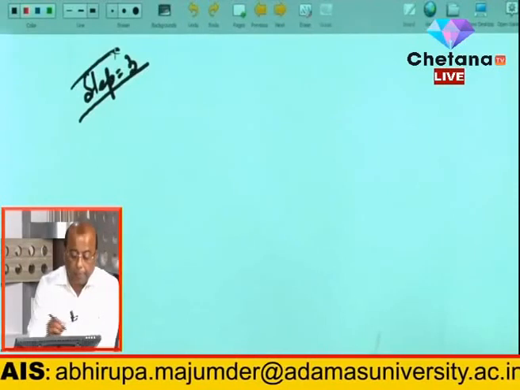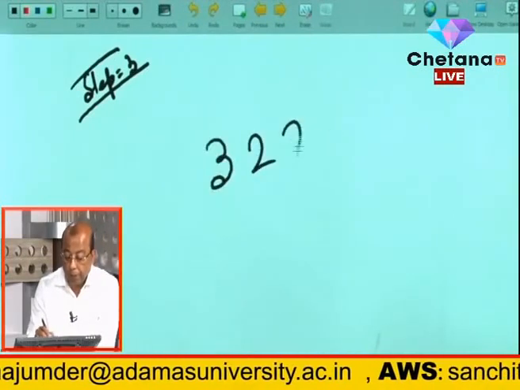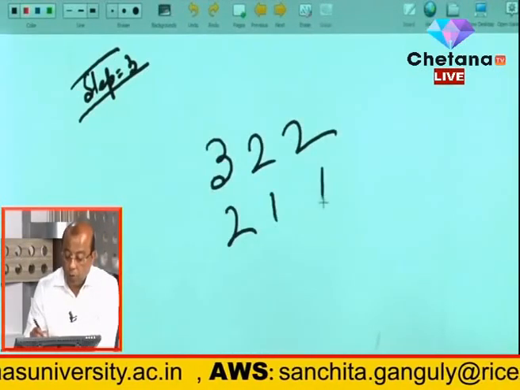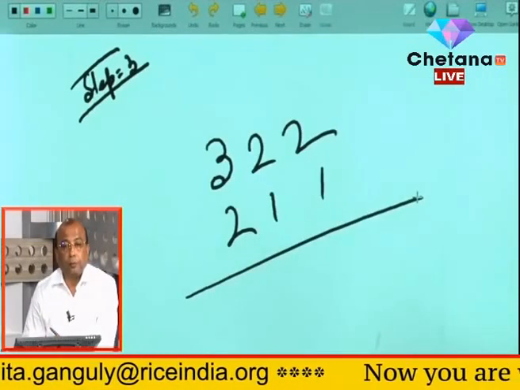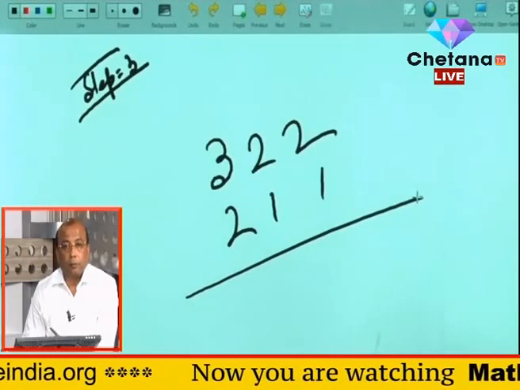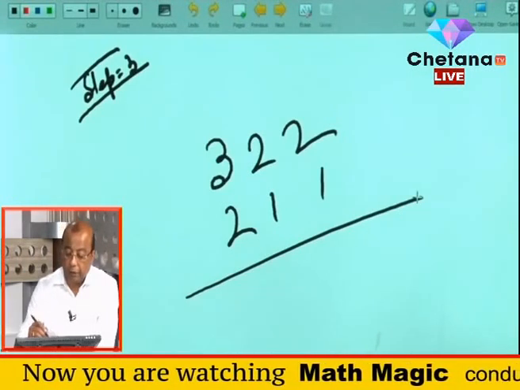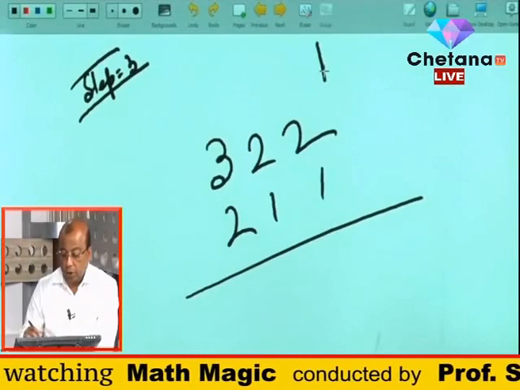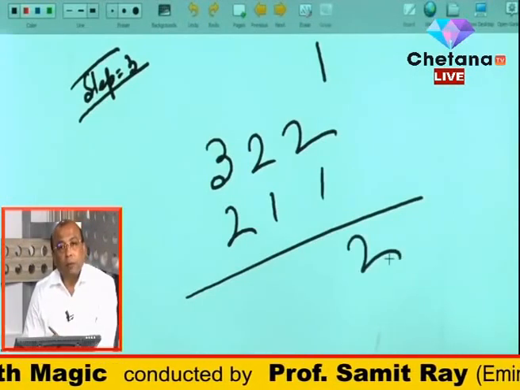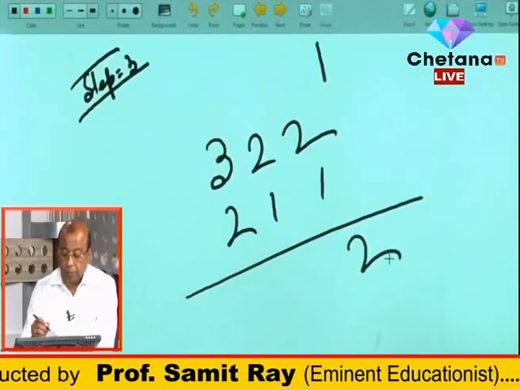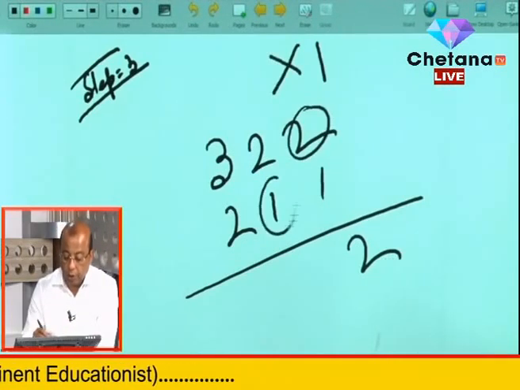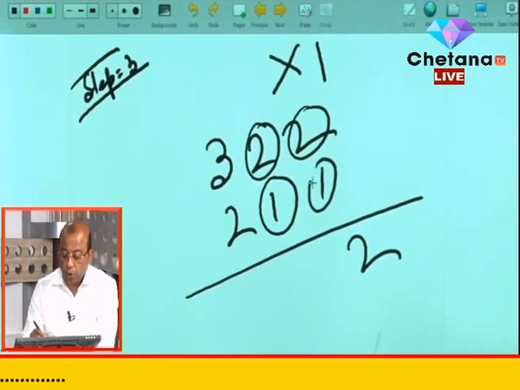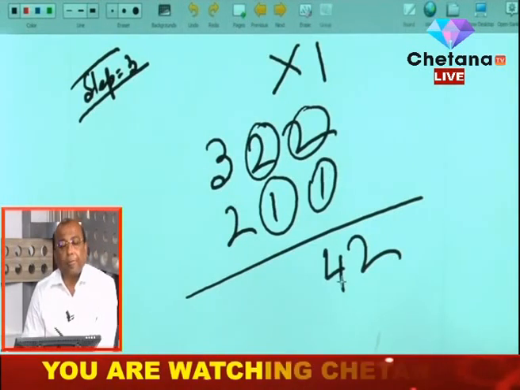Now step 3. Try to solve this problem. We have to consider the first column straight. 2 into 1, 2. When you consider the second column, it will be cross. That means add. 2 into 1, 2. 2 into 1, 2. 2 plus 2, that is 4.